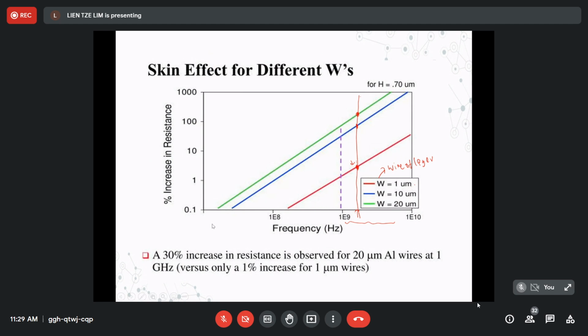A 30% increase in resistance is observed for a 20 micrometer aluminum wire at 1 gigahertz, versus only a 1% increase for a 1 micrometer wire. So this refers to what I already drew here. This is 1 gigahertz.